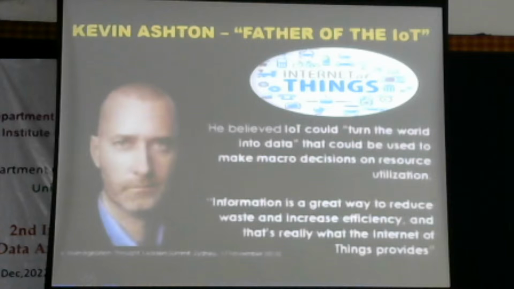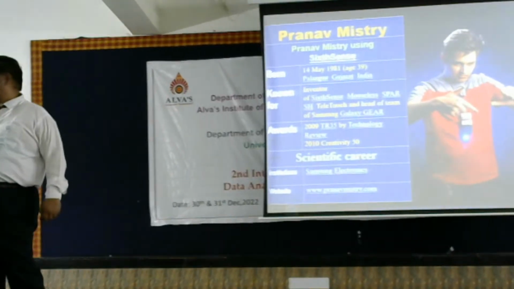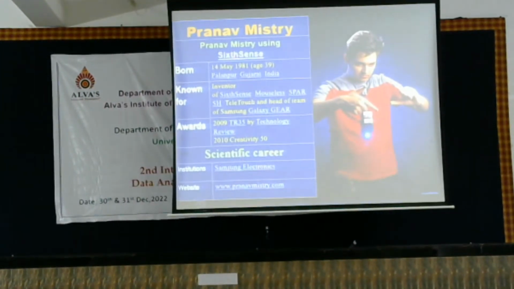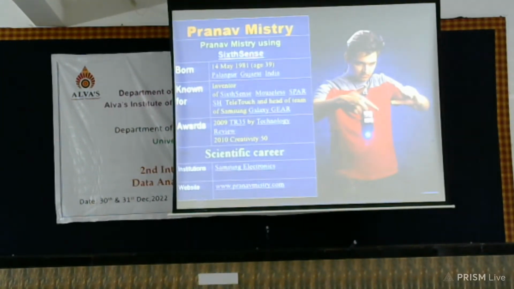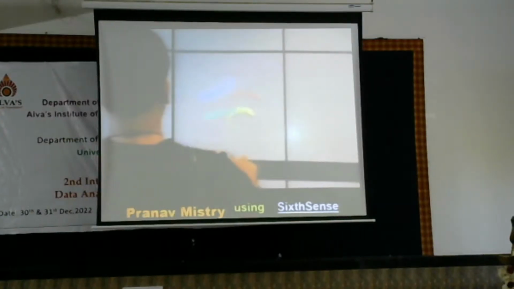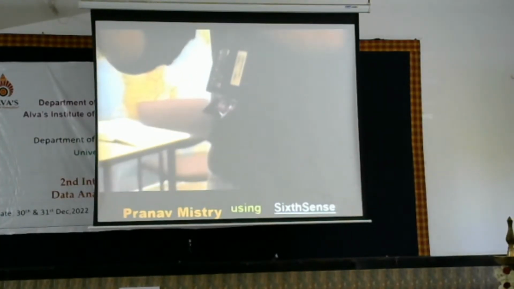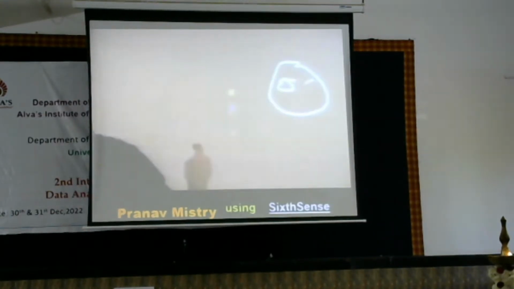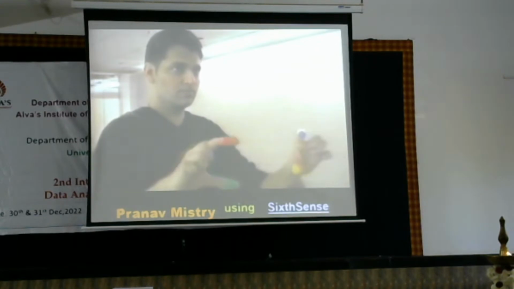Now, initially I like to show his picture because, being an Indian, Pranav Mistry has done a lot of pioneering work in trying to get information out, or a device which will give him different information. Here you see he has colored finger spots through which he has made this, where he can draw on different boards and create things.